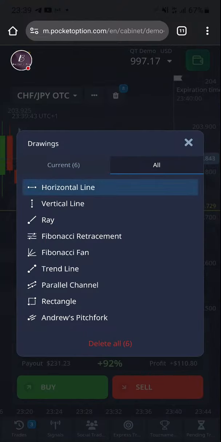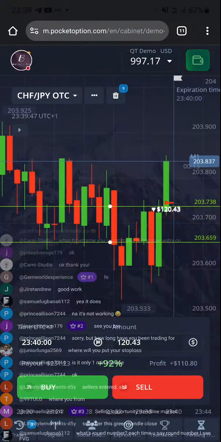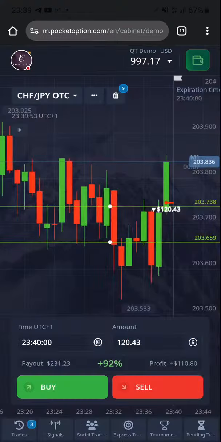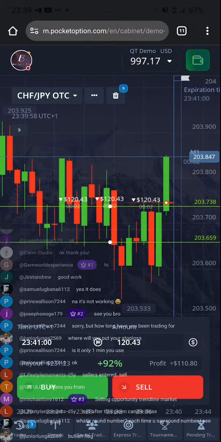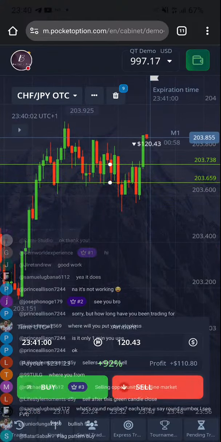If the sellers don't come in, we have a doji, and there's a doji break down here. I talked about the round number. Okay, yeah, it seems bullish actually, but we're going to have a retracement.